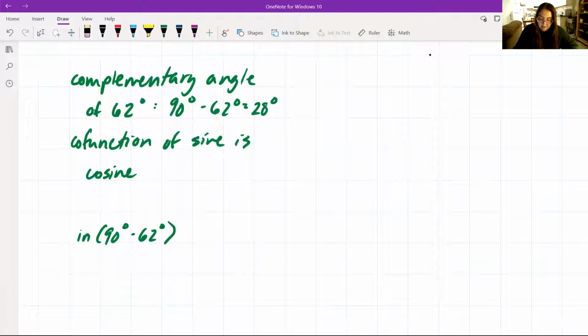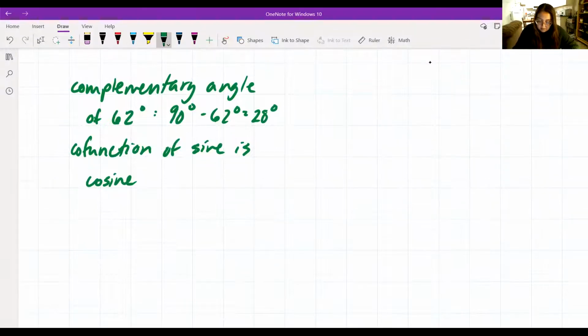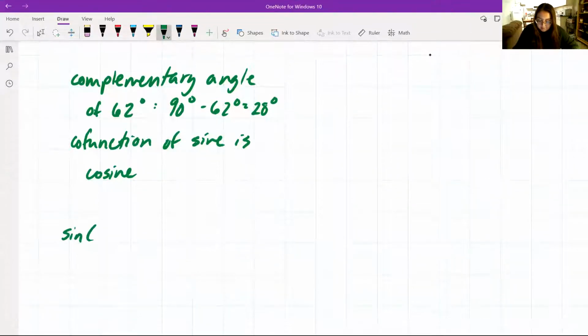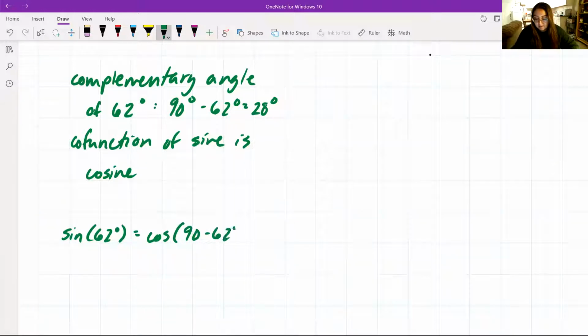Let's write this out a little more. We have sine of 62 degrees, which is equal to cosine of 90 minus 62 degrees, which is just equal to cosine of 28 degrees.